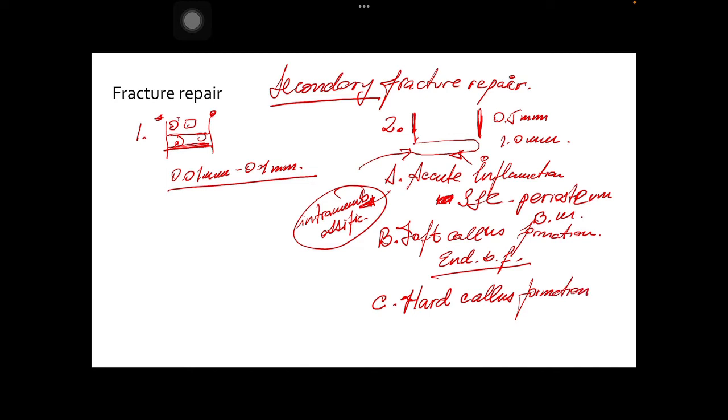And once you have this hard callus, like a blob, this is one end, this is the other end, and this is the mineral deposit, the bone, right? You need to have a fourth phase, which is the remodeling.